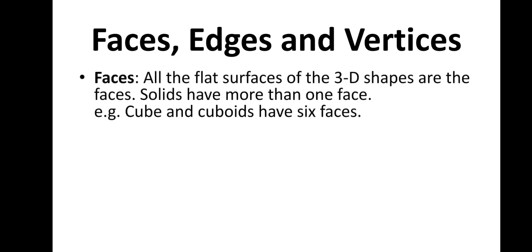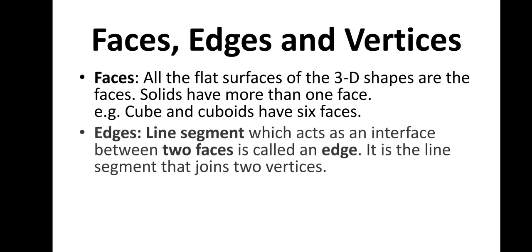Now, coming to faces, edges and vertices. Faces: all the flat surfaces of the 3D shapes are the faces. As I told you, in this chapter we need to deal with 3D shapes. So, all the flat surfaces of 3D shapes are the faces, and solids have more than one face.